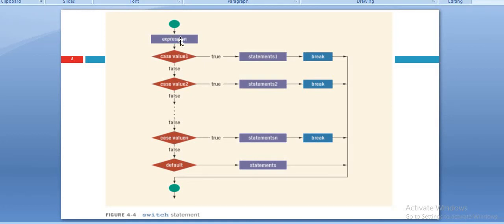If the value of day is 2, then Tuesday should be printed. If the value of this day is 3, then Wednesday, and so on. Expression is written while the values for these expressions are mentioned in these diamonds.